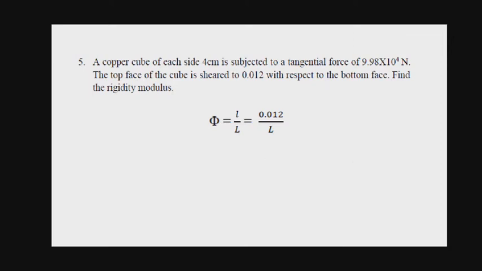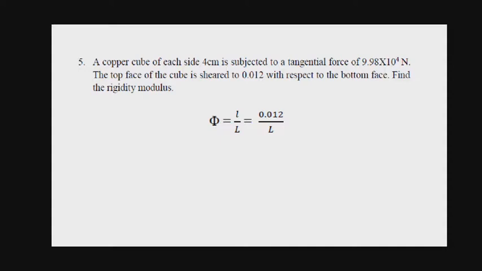So a copper cube of each side 4 centimeter is subjected to a tangential force of 9.98 into 10 to the power 4 Newton. The top face of a cube is sheared to 0.012 with respect to the bottom face. Find the rigidity modulus.